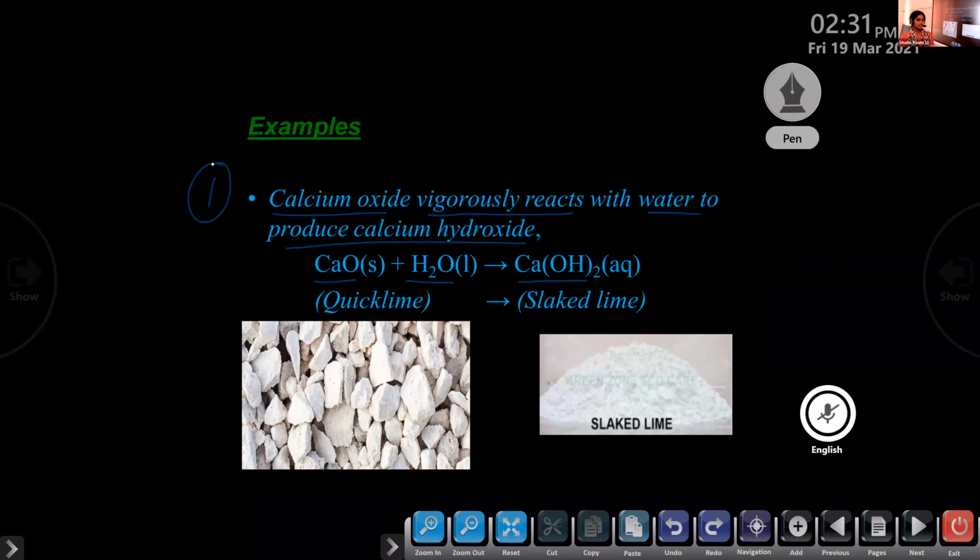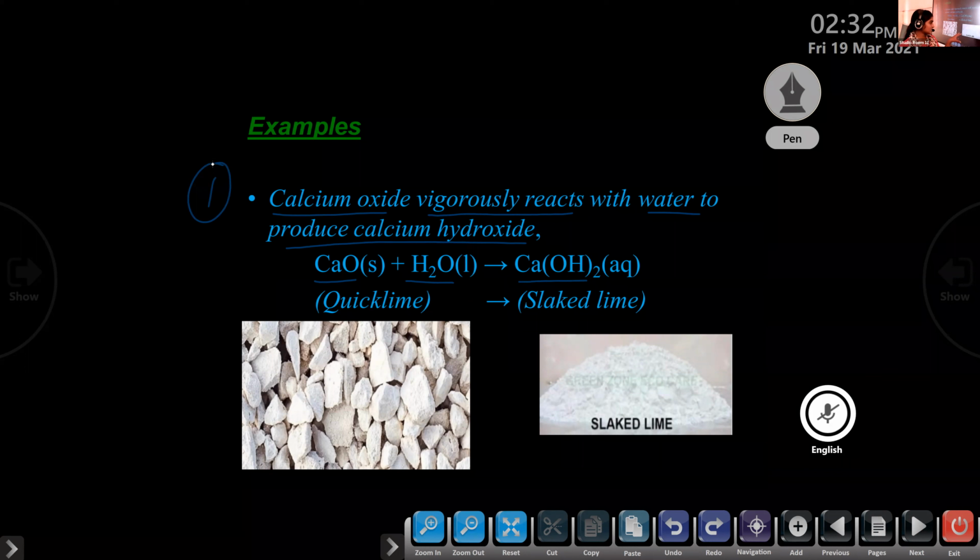Calcium oxide vigorously reacts with water to produce calcium hydroxide. Quicklime is the common name of calcium oxide and slaked lime is the common name of calcium hydroxide. So CaO is in solid state, that's why we write S. Calcium oxide reacts with H2O, which is in liquid state, to form calcium hydroxide.